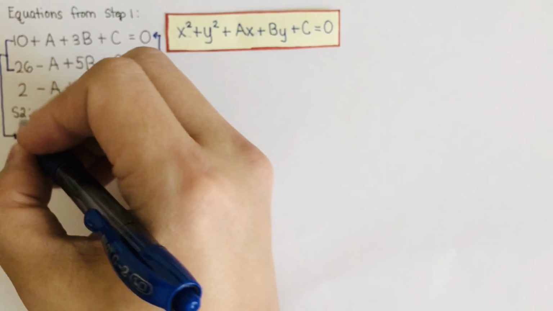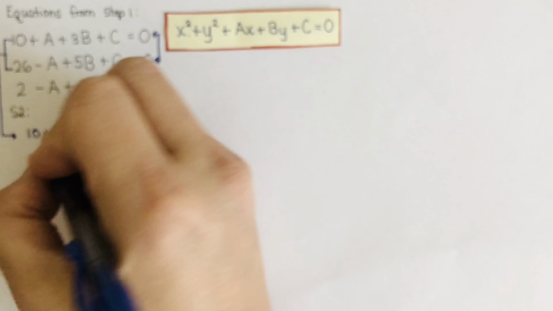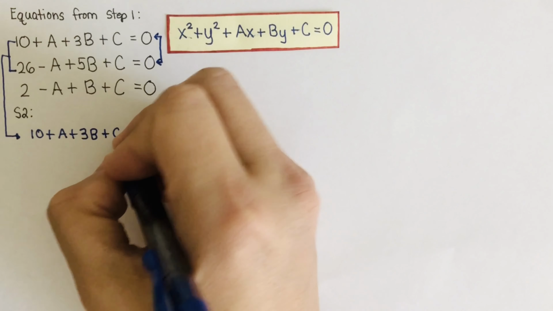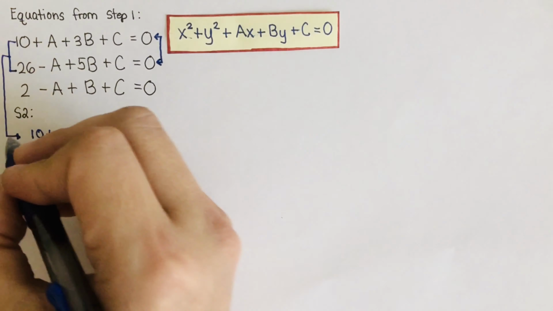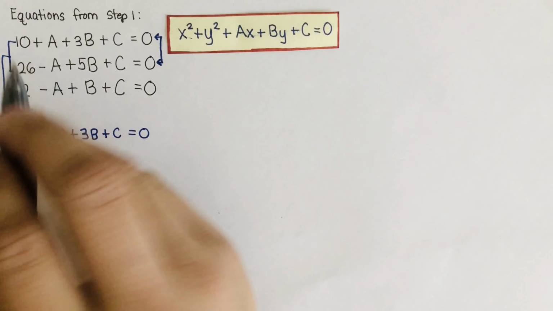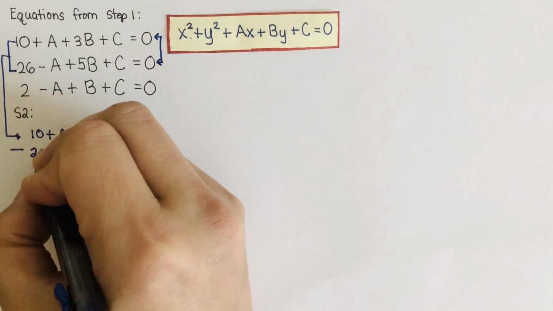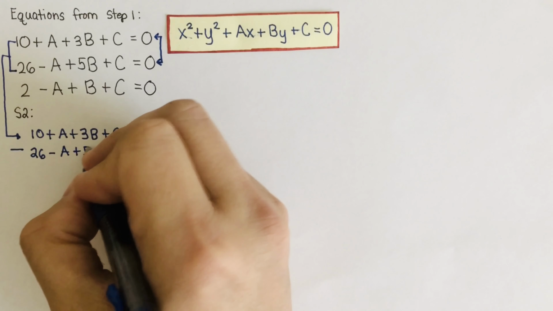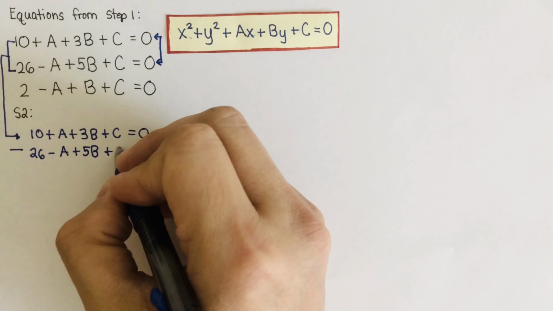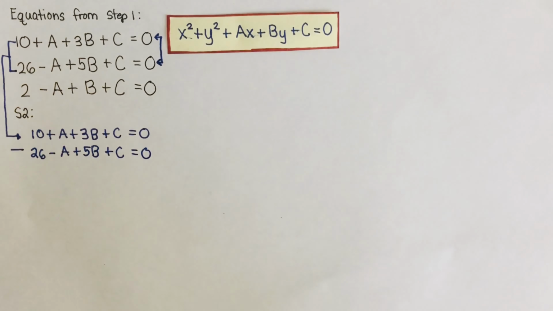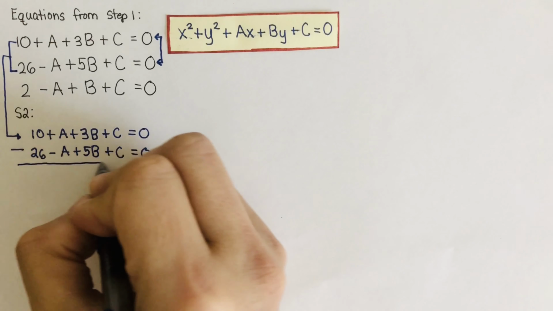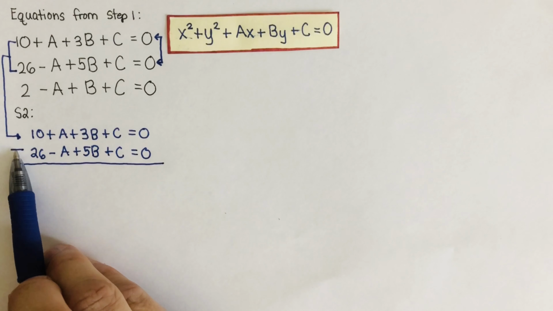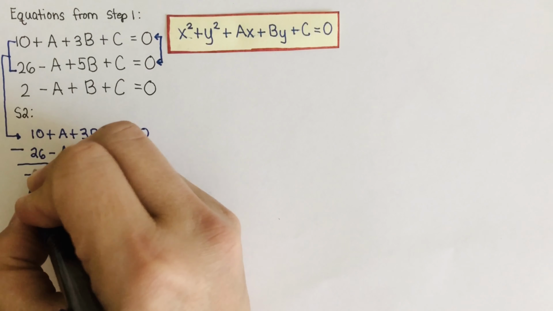So that would be 10 plus A plus 3B plus C equals 0, and I am going to subtract the second, which is 26 minus A plus 5B plus C equals 0. This is how we subtract these two equations. 10 minus 26 is negative 16.